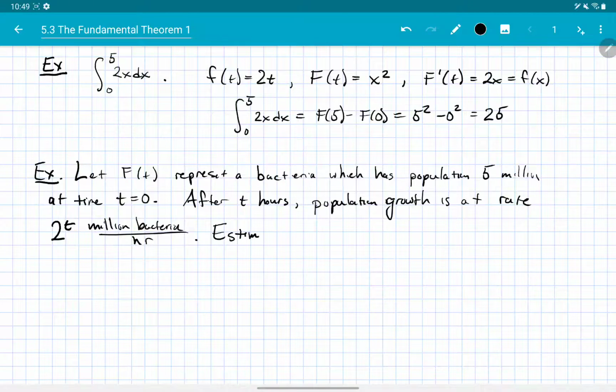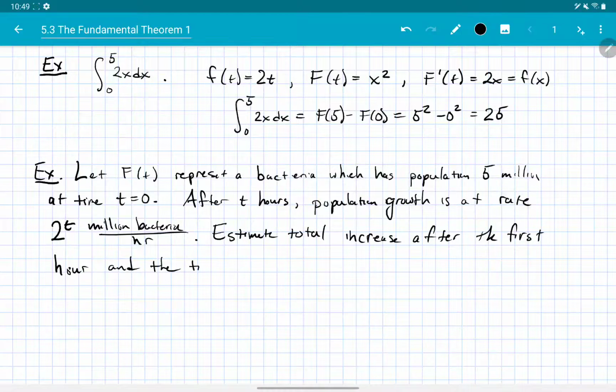Estimate the total increase after the first hour and the total population at time 1.